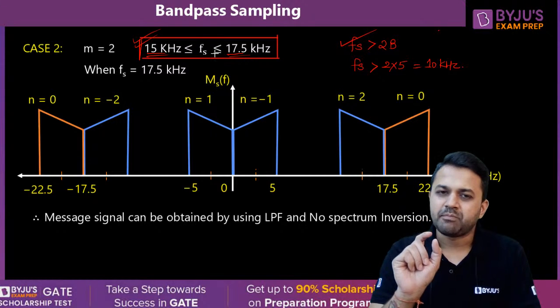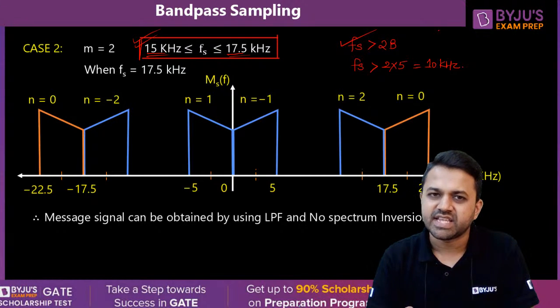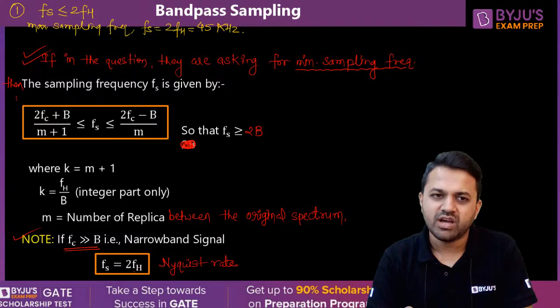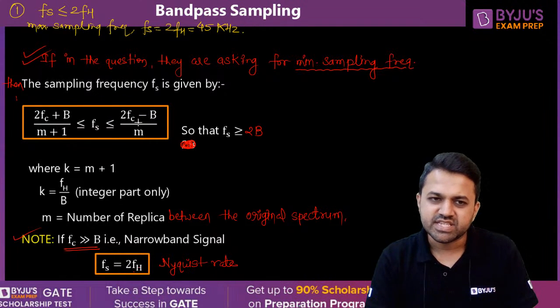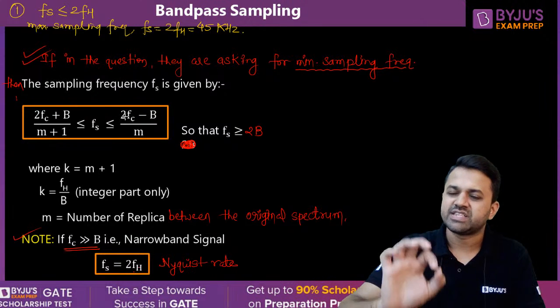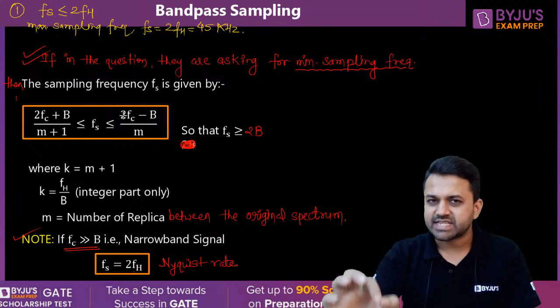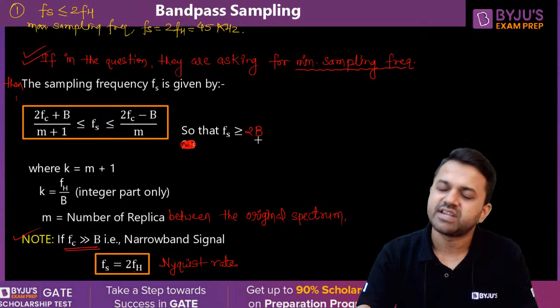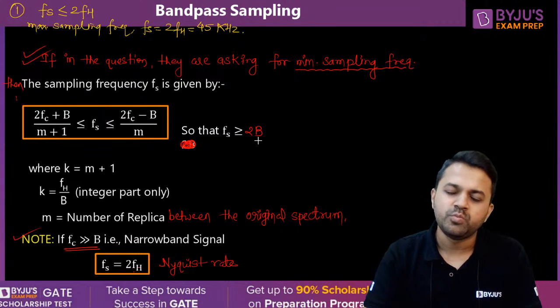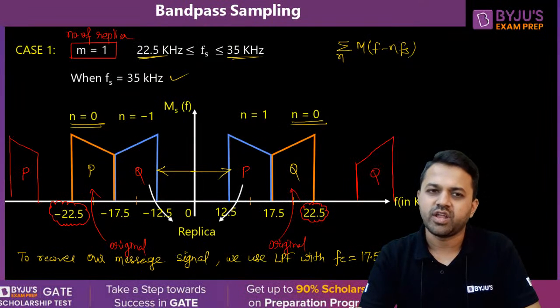First, the sampling frequency should lie in the range given by this formula, and also it should be greater than or equal to 2B.